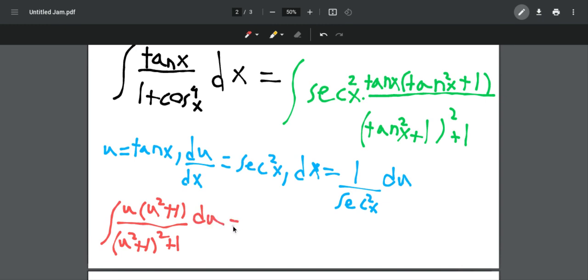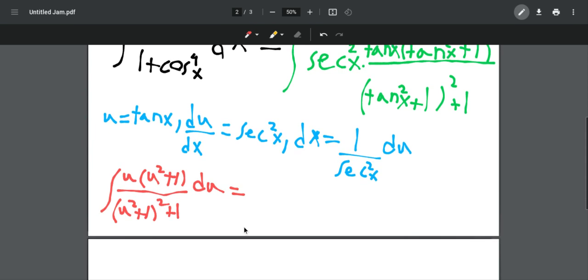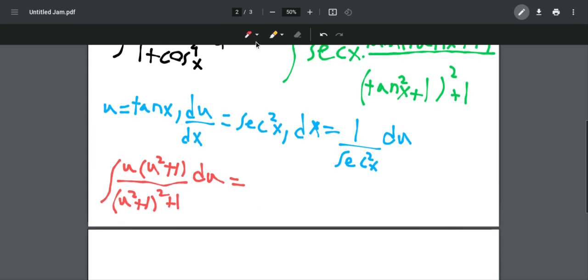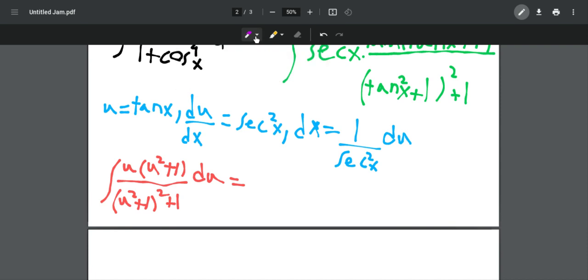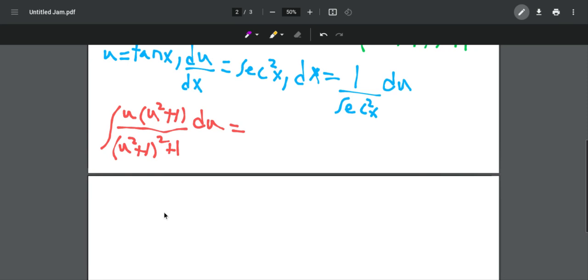Now I'm going to do another substitution, letting the new variable be equal to the denominator, u squared plus 1, squared, plus 1.